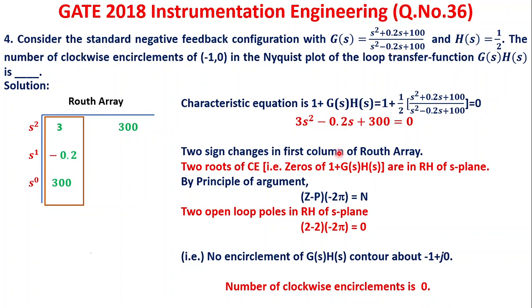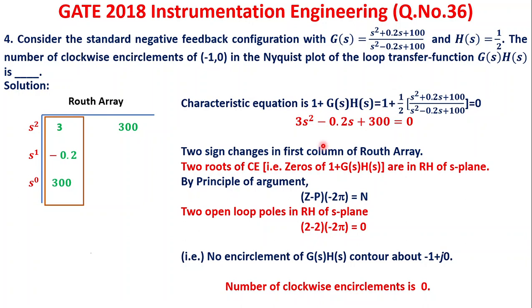So positive real part means we have two open loop poles in right half of S plane. Why? Because 0.2 plus or minus square root of 0.2 square minus 400. Square root will be imaginary. Therefore, we will have 0.2 plus or minus j into square root of that divided by 2. So definitely this is 0.1 plus or minus j something only.